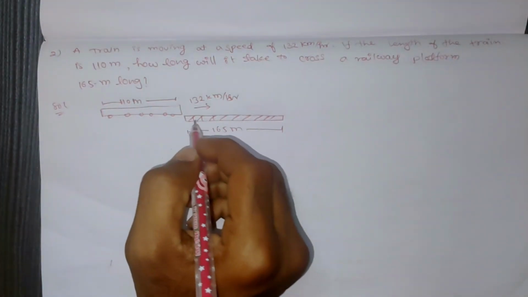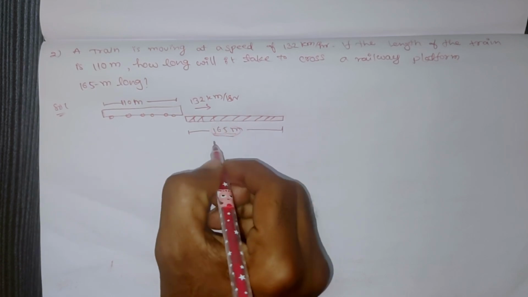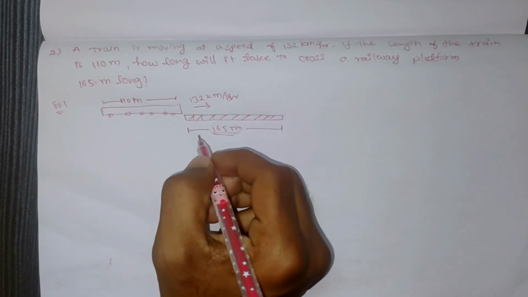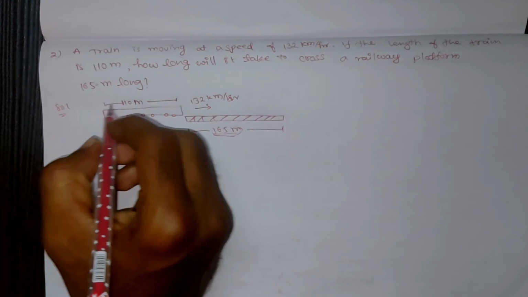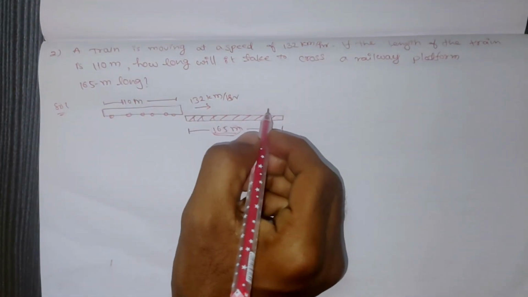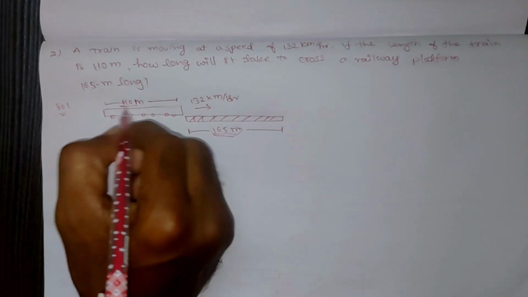So here the train needs to travel 165 meters as the platform distance, and also, to completely cross this platform, this train needs to travel its own 110 meters.